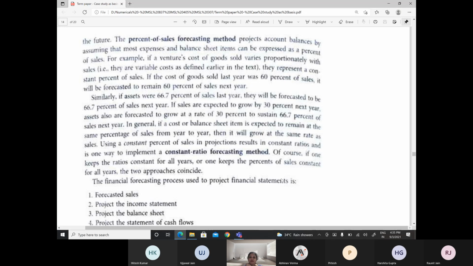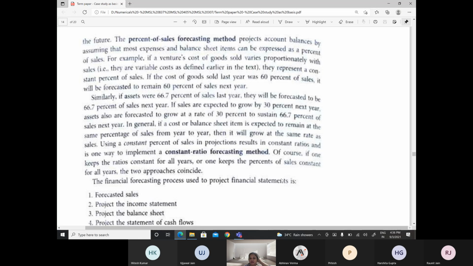If sales are expected to grow by 30% next year, assets are also forecasted to grow by 30% to sustain the 66.7% of sales next year. In general, if a cost or balance sheet item is expected to remain at the same percentage of sales from year to year, then it will grow at the same rate as sales.